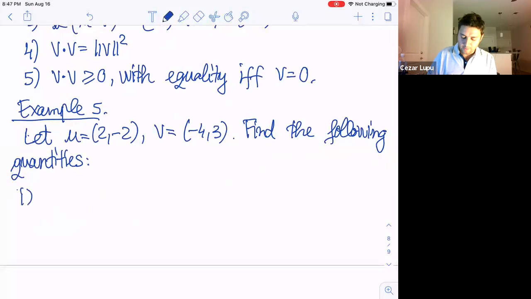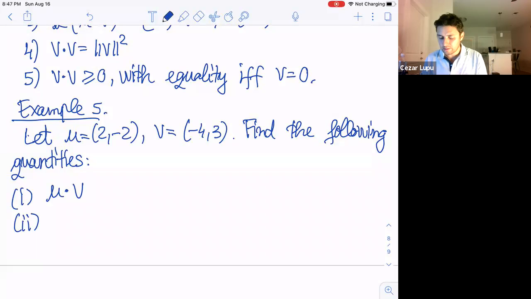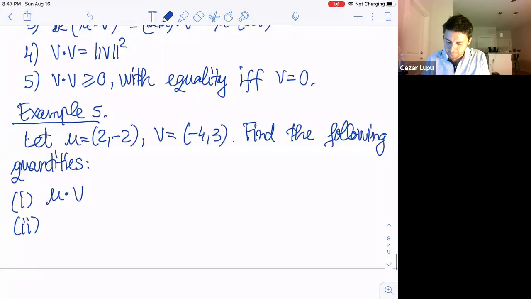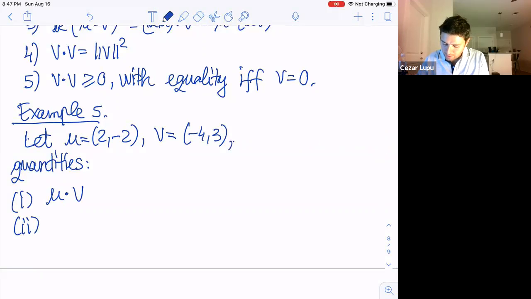Let me consider another vector w, let's say (5, 8).